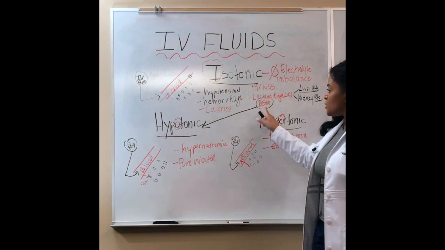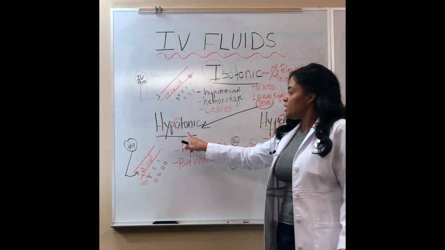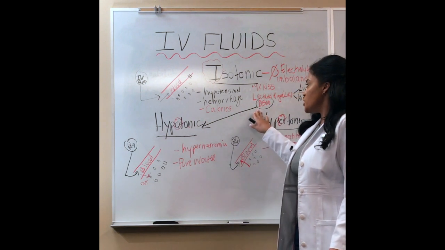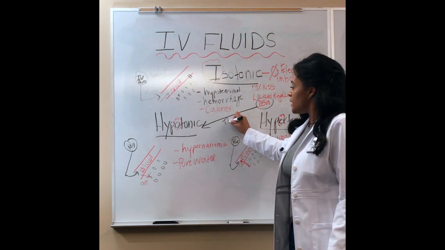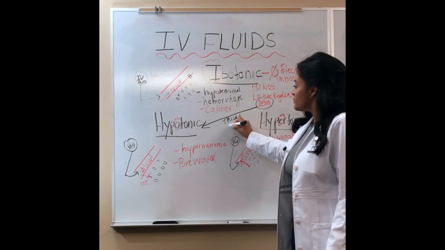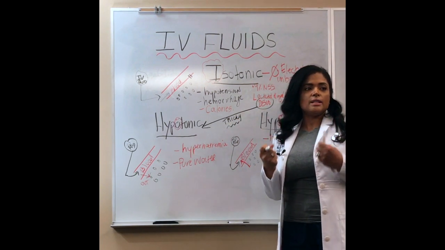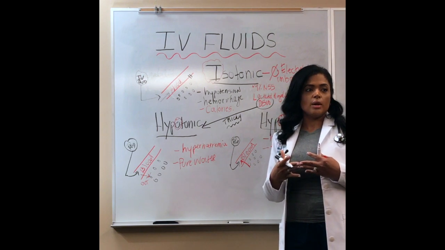Now going back as to why D5W changes to a hypotonic solution, because this is your tricky fluid. So I'm going to write tricky. The muscles and your tissues can only retain 5% of sugar at one time.